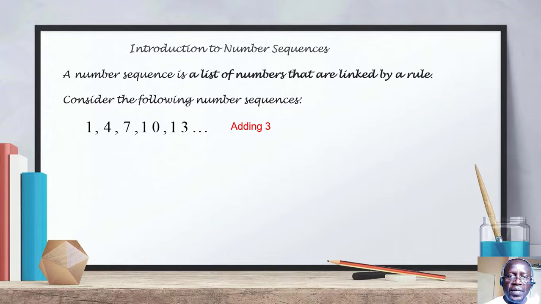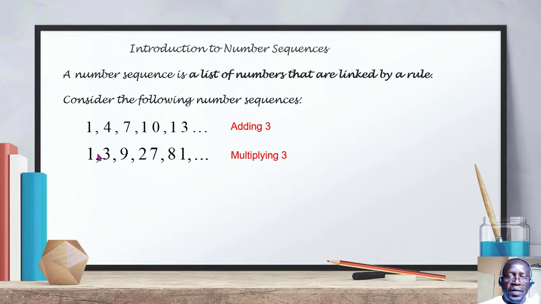Another example of a number sequence: 1, 3, 9, 27, and 81. These numbers are in a sequence as well. The sequence is progressing by multiplying by 3.